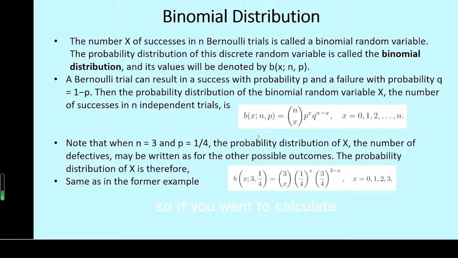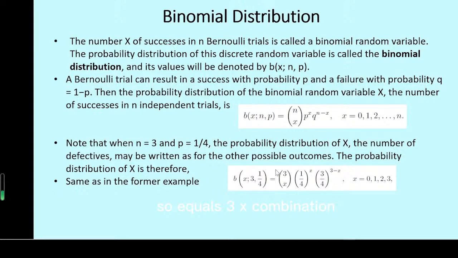So if we want to calculate the different probabilities associated with a specific random variable x during n binary trials with probability p, then we just fill in this formula. So when n equals 3 and p equals 1/4, the probability of x, the number of defectives, can be calculated as b(x; 3, 1/4), right?